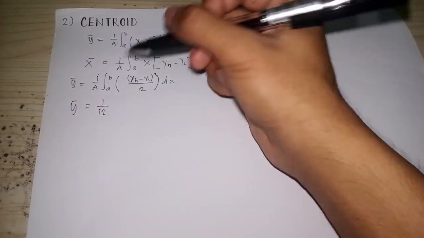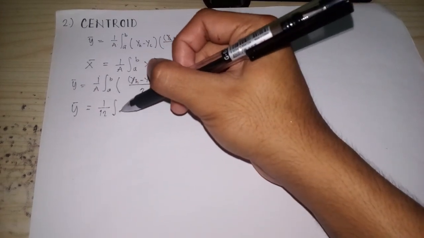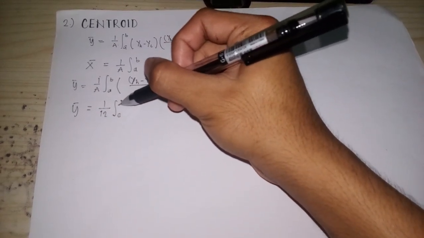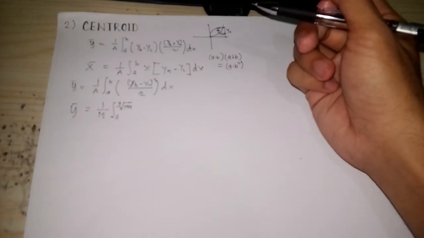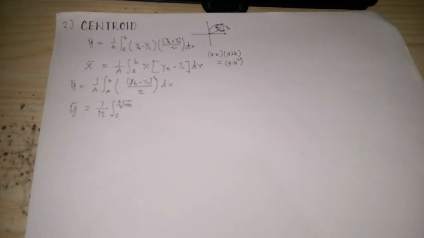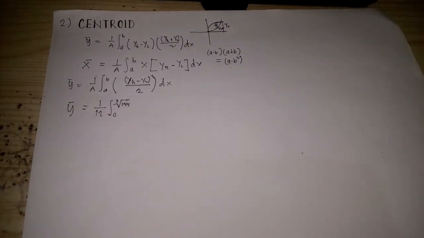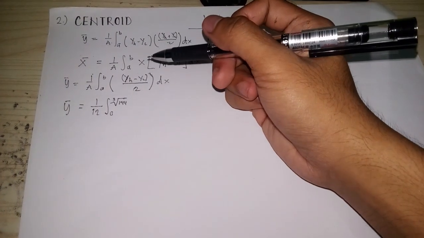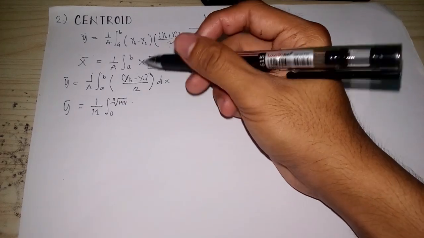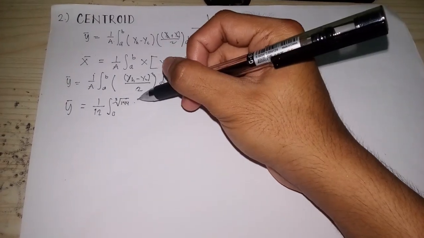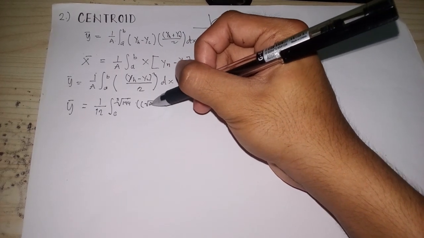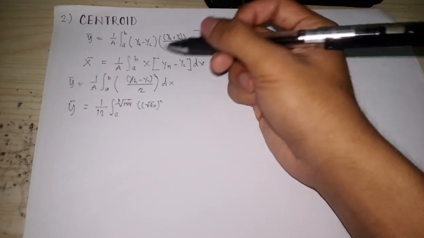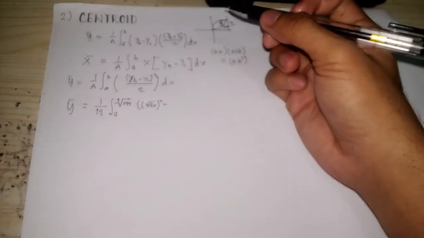So we just have to substitute the value of that here. So from 0 to cube root of 144, since that's our limit in the area previously. Next is just input the y high. So this is square root of 9x squared, since if we distribute that, that's still the same.